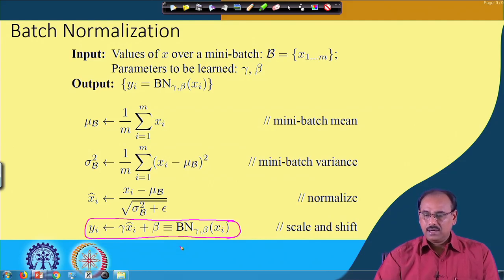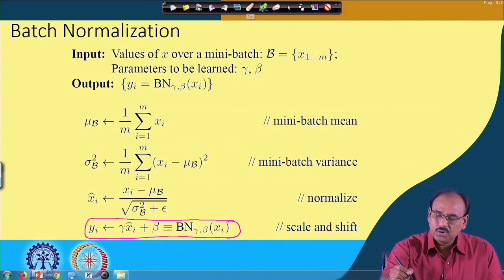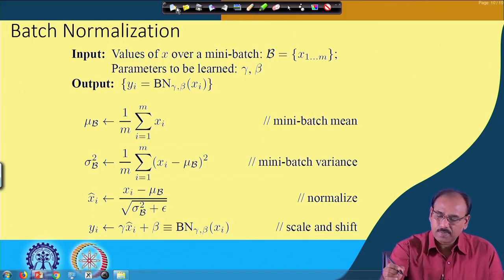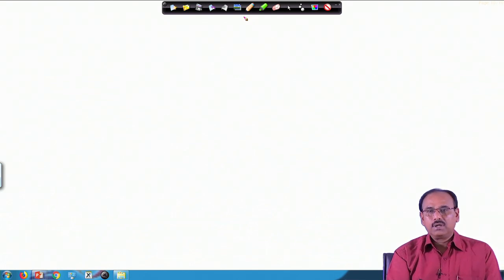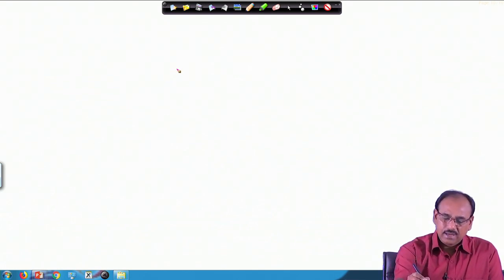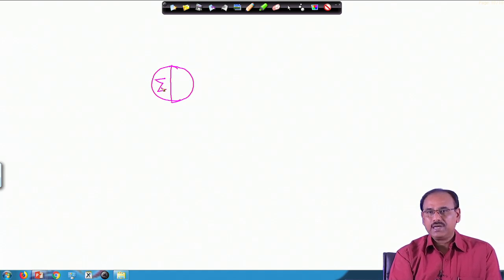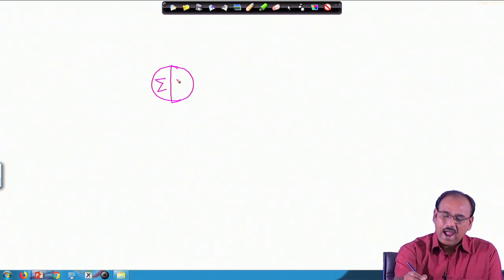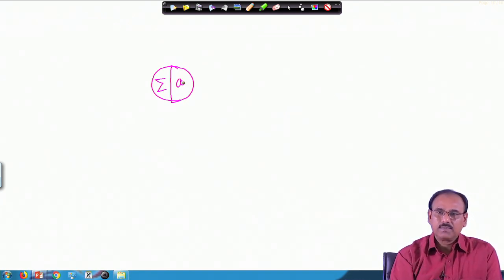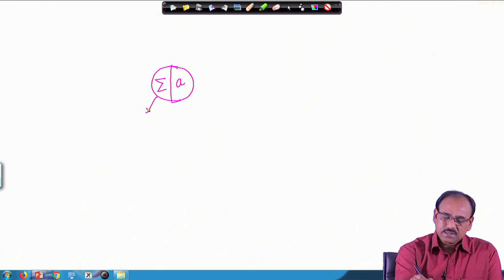So what I need to do now is, for every layer or every neuron, as we had said, there is an aggregator part which collects the weighted sum of the inputs that it receives from the previous layer, and there is an activation part, and we are normalizing this aggregator part, which is my X.